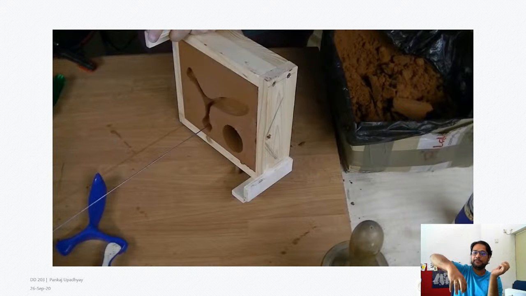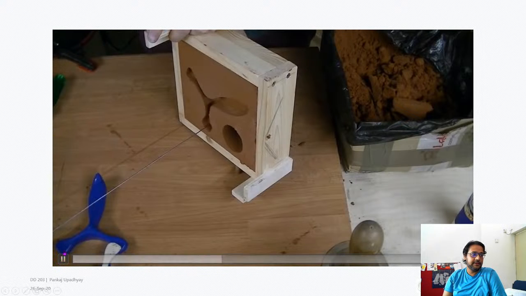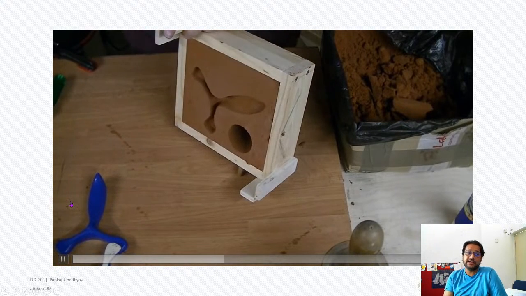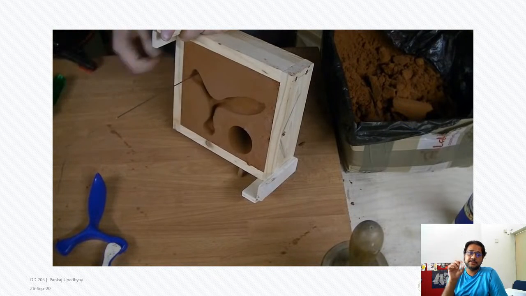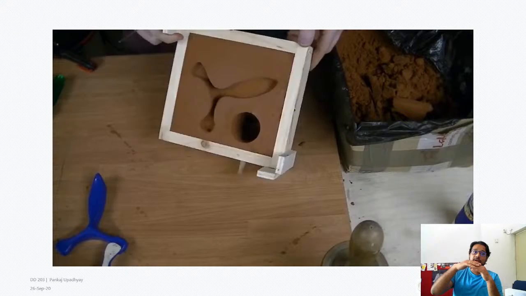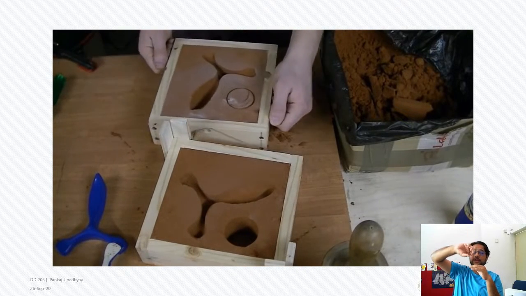The air inside the cup kind of stays inside. Something similar happens if you don't have space for the air to escape at the right places. When you pour the material, the air will get collected into some spaces and it will create problems in the casting. So these are the vent holes that he's creating, and he's creating them at the highest locations where the air might get trapped.